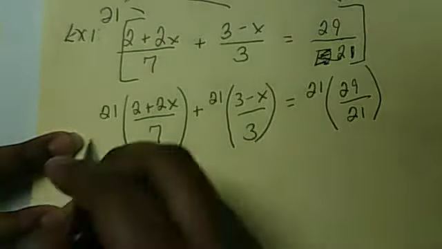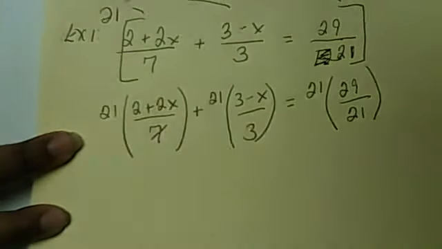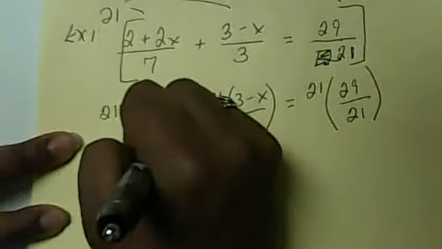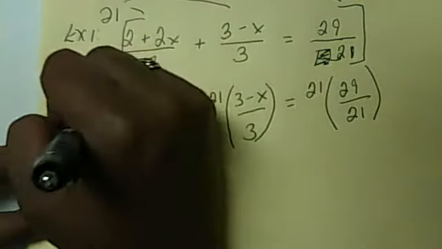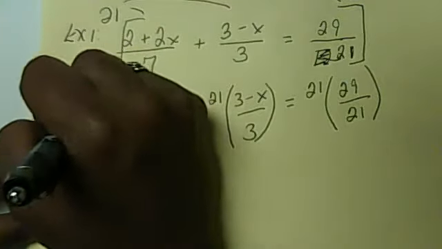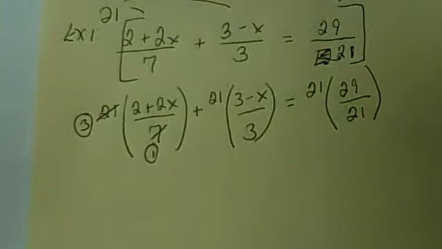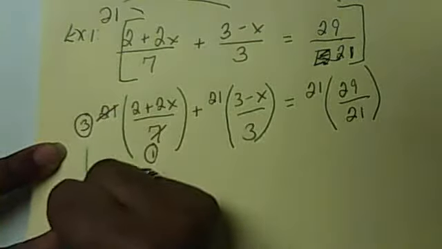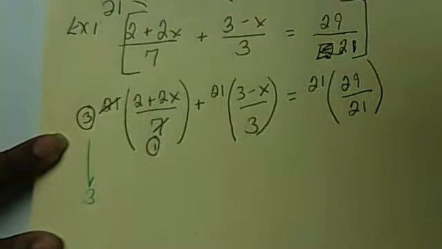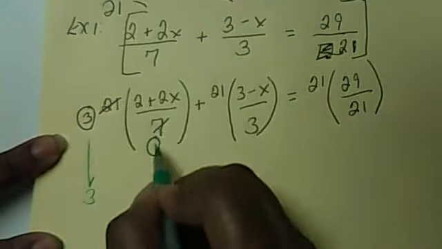So what's going to happen here is 7 goes into 7 one time, which leaves us with the bottom of 1. And 7 goes into 21 3 times. And when we rewrite down here, we're going to have 3. We no longer have this 7 because that will be 1.